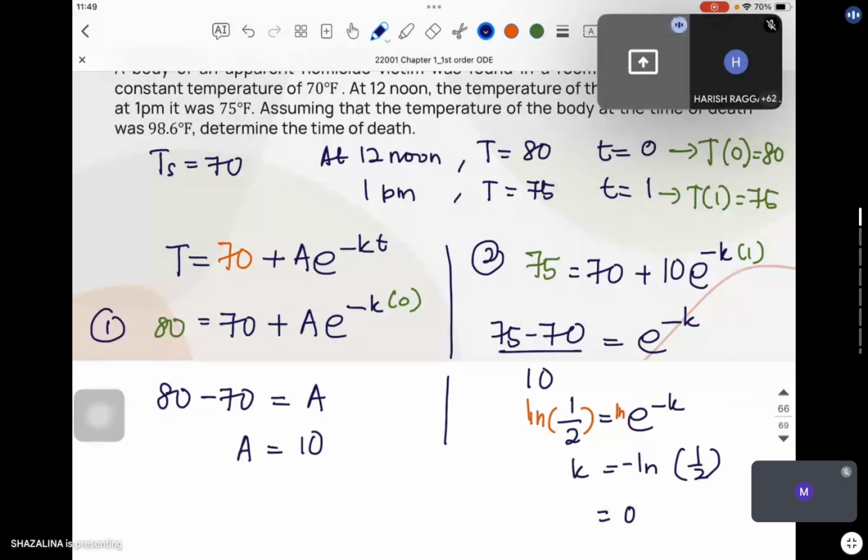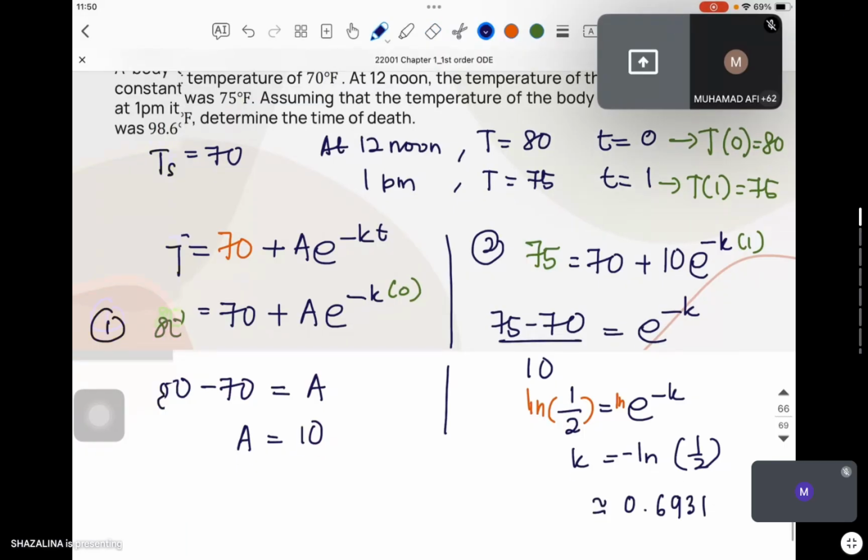0.693. Okay, 0.6931. Sini approximately lah. Dia tak boleh letak equal tau, dia approximately.